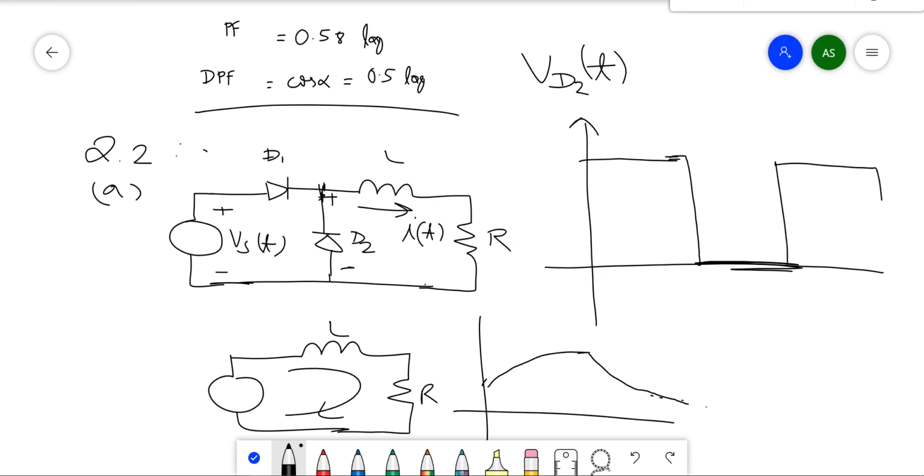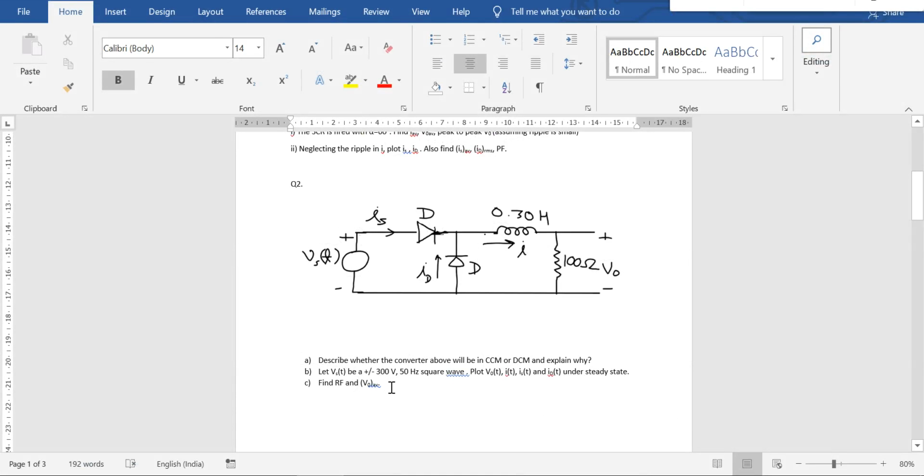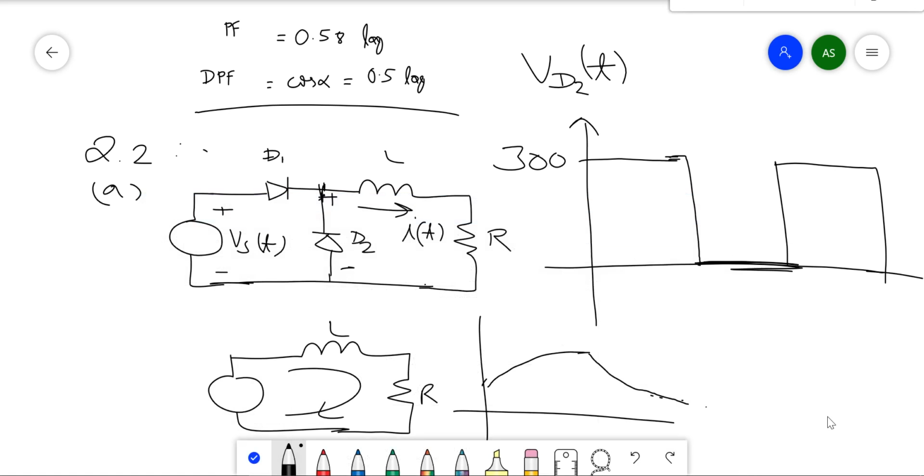So this is how the voltage will be. Now let's see the question. We need to first of all plot V naught T, IT, IST and IDT under steady state. So how can we plot it?